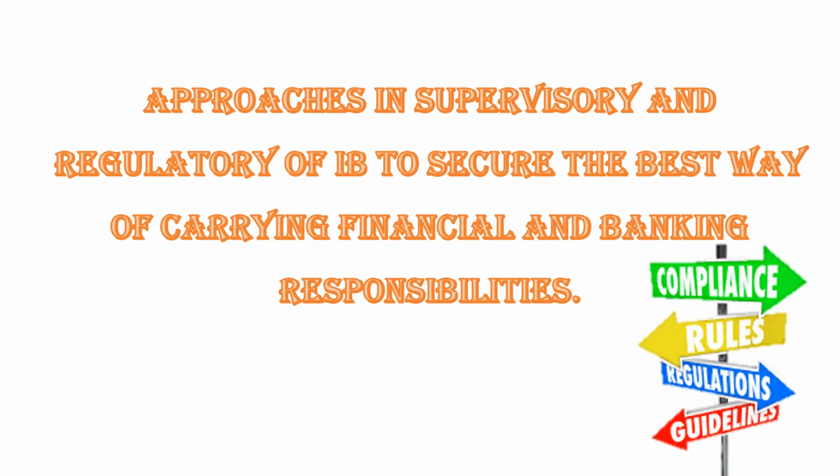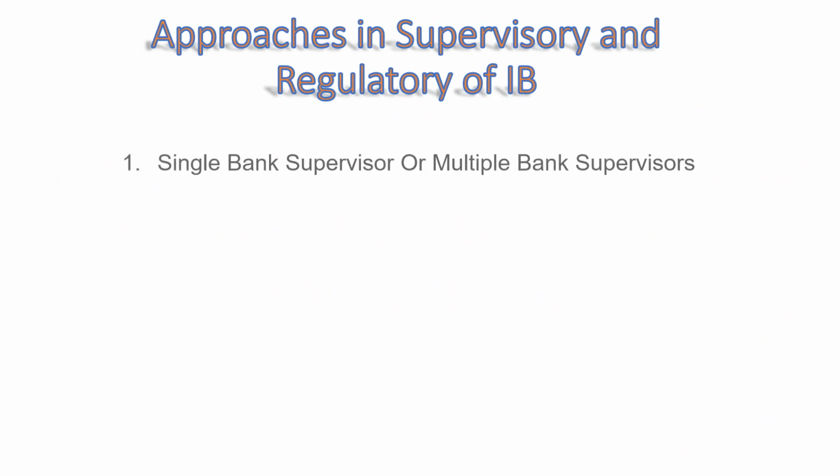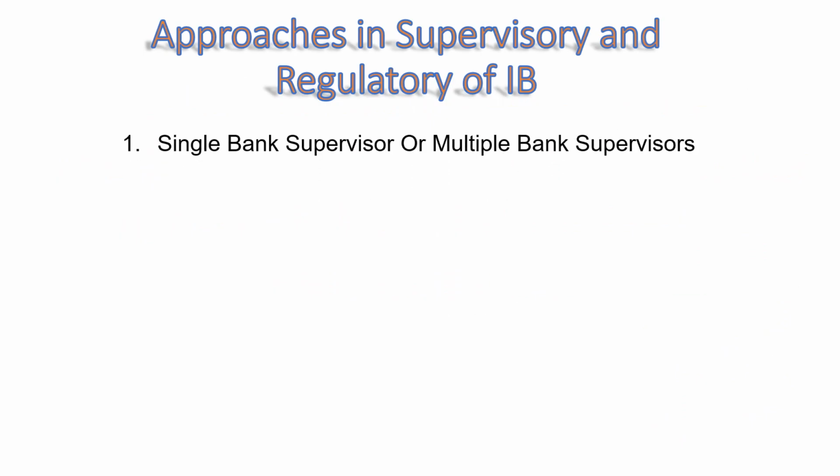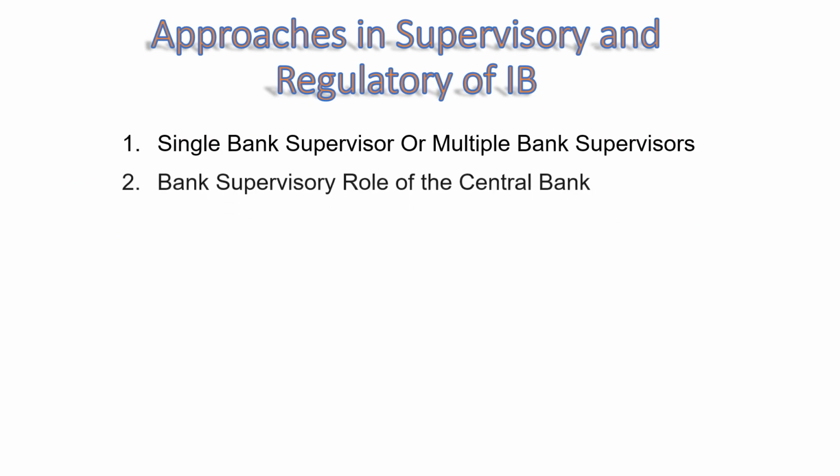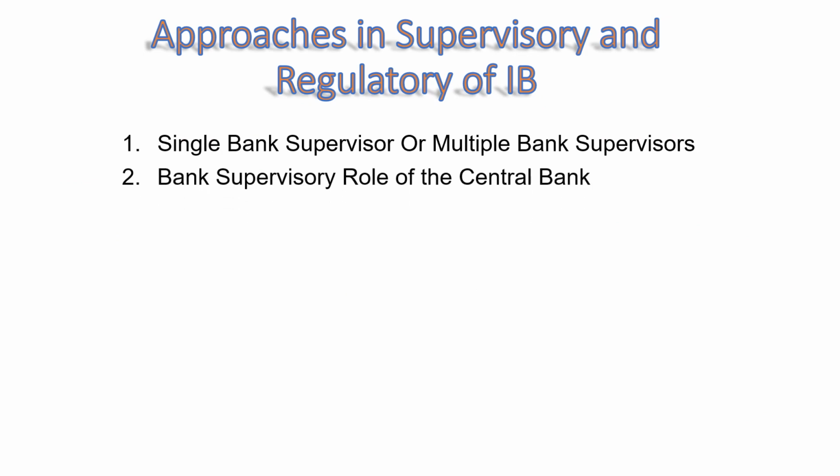Approaches in supervisory and regulatory of international banking to secure the best way of carrying financial and banking responsibilities. First, single bank supervisor or multiple bank supervisors. Second, bank supervisory role of the central bank. Third, scope of supervisory authority.